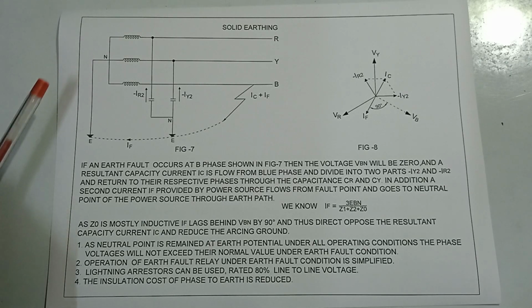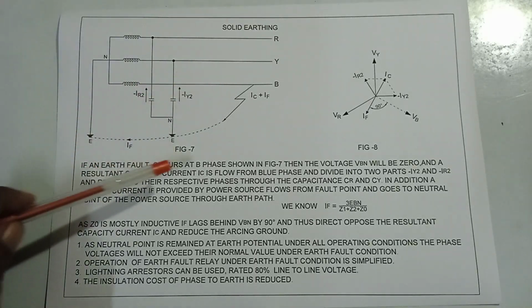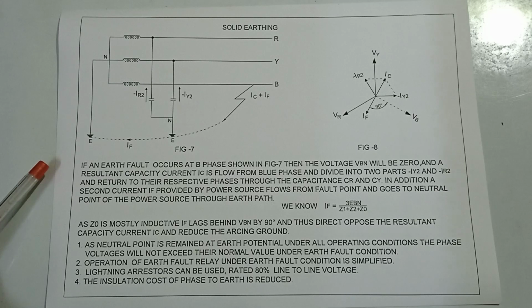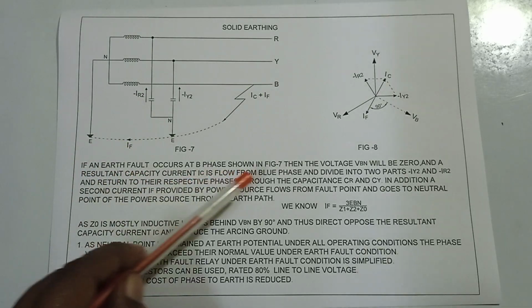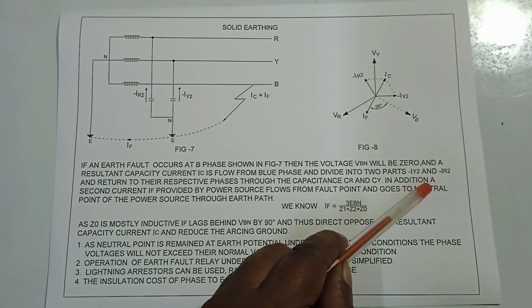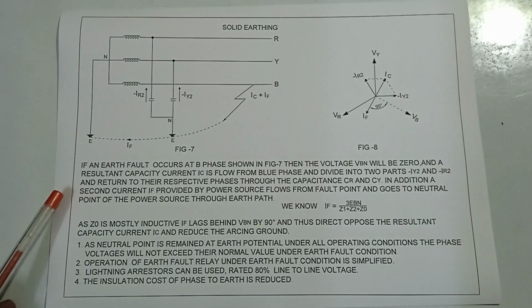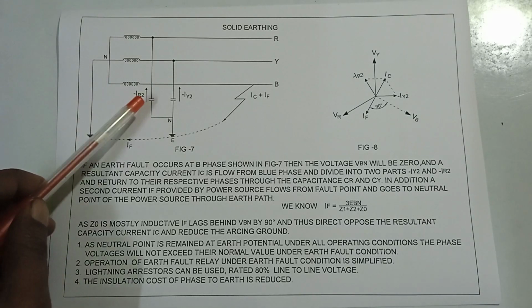Here the solid earthing is continuing. If an earth fault occurs at B phase, shown in figure 7, then the voltage VBN will be 0 and the resultant capacitive current IC flows from the blue phase and divides into two parts, minus IR2 and minus IY2, and returns to their respective phases through the capacitances CR and CY.